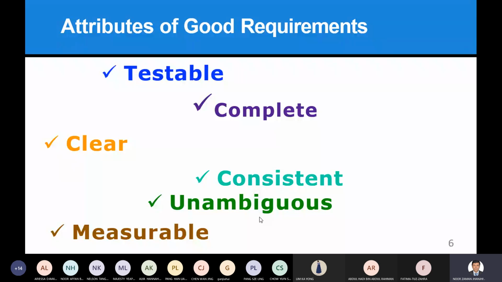But that is mainly the job of the developer or the software engineer. You, as a security engineer, are supposed to see that the requirements collected are testable, complete, clear, consistent, unambiguous, measurable, and that they don't have any threat, or will not run into threats at any stage.